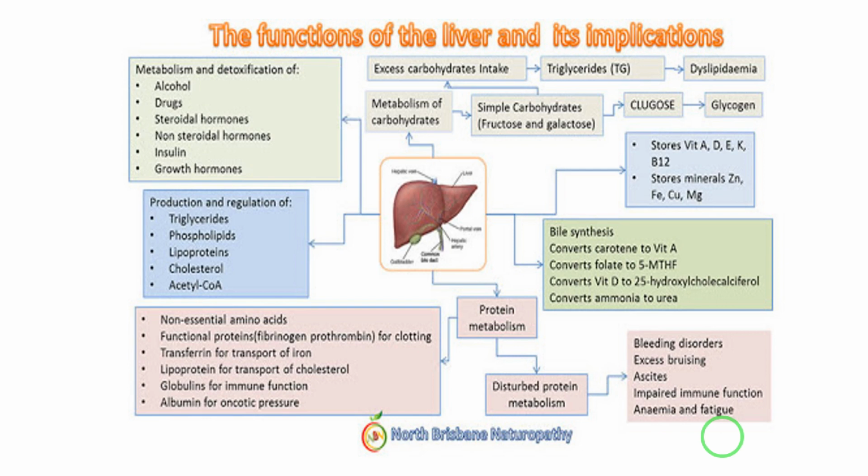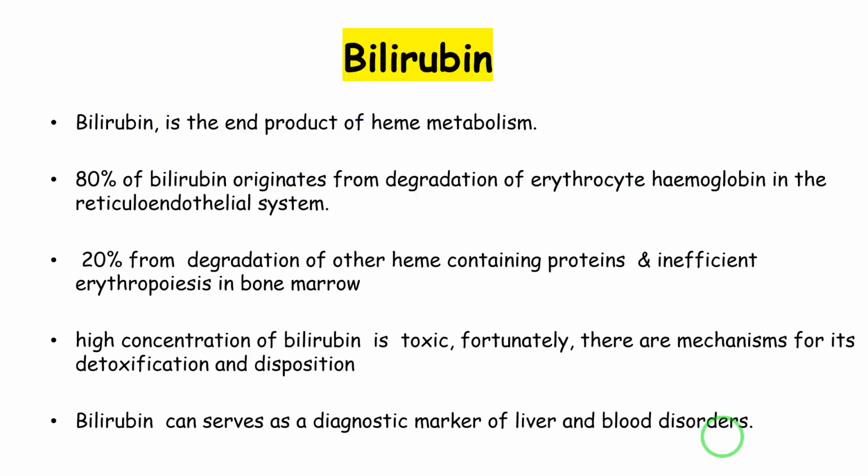The liver is the only organ that has the capacity to get rid of this heme waste product. So if we have any damage to the liver, we cannot get rid of the bilirubin. So what is bilirubin?